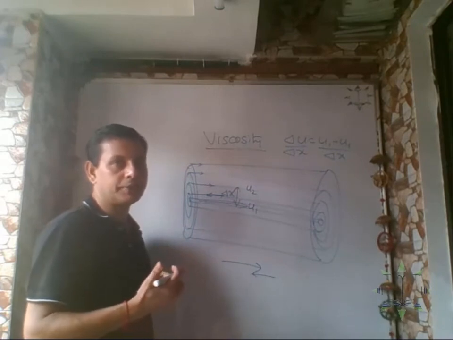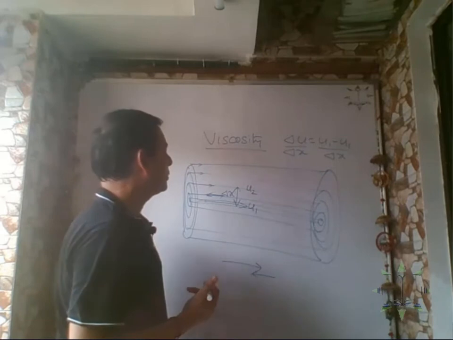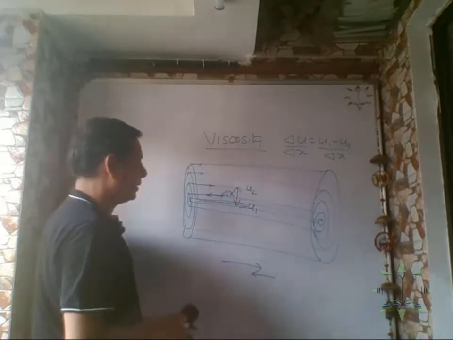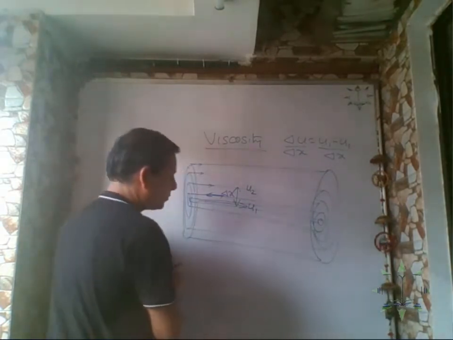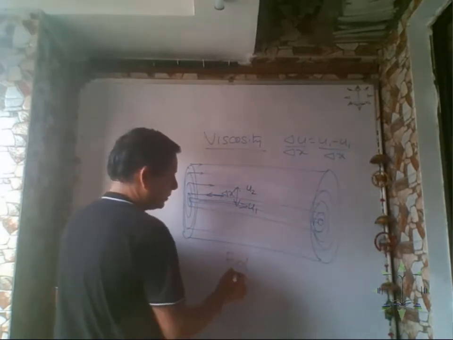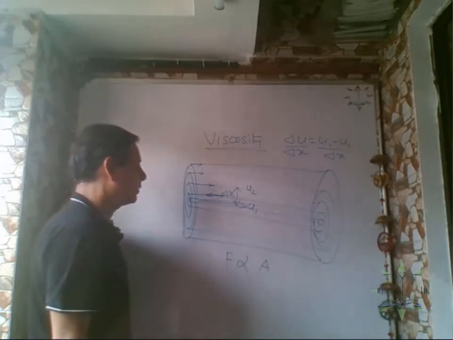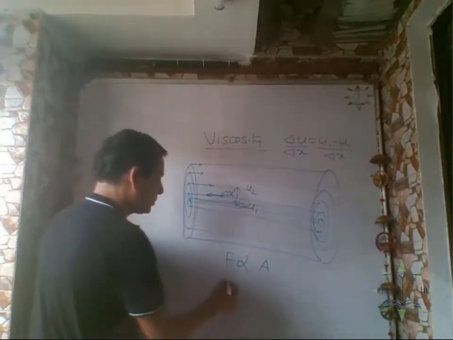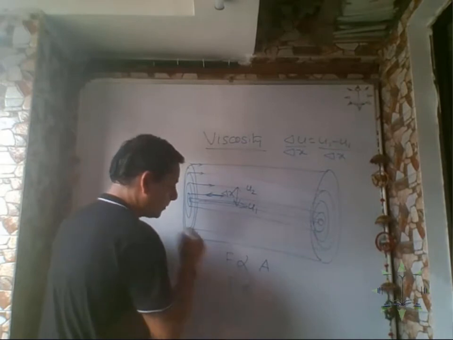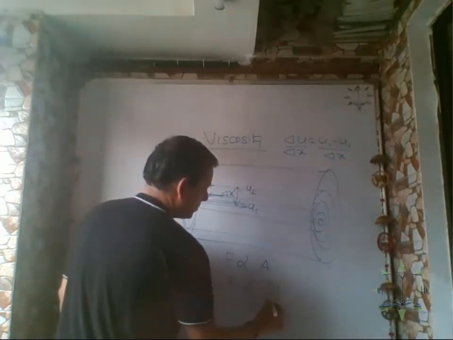This is called fluid friction. This is called viscosity. Okay, so Newton said that the viscous force is proportional to the area, and viscous force is proportional to the velocity gradient du by dx.